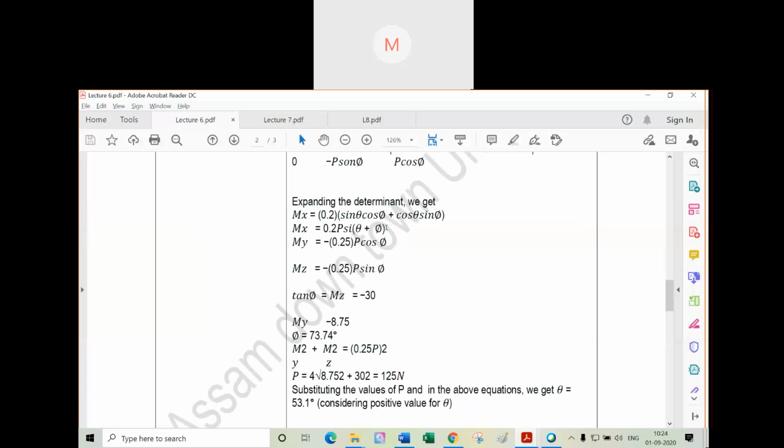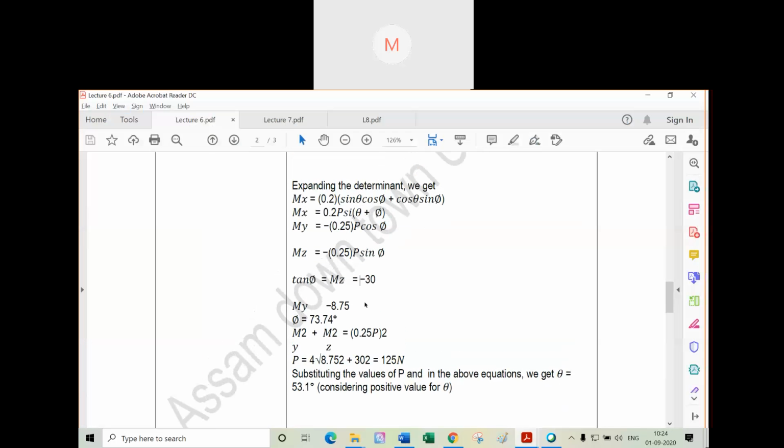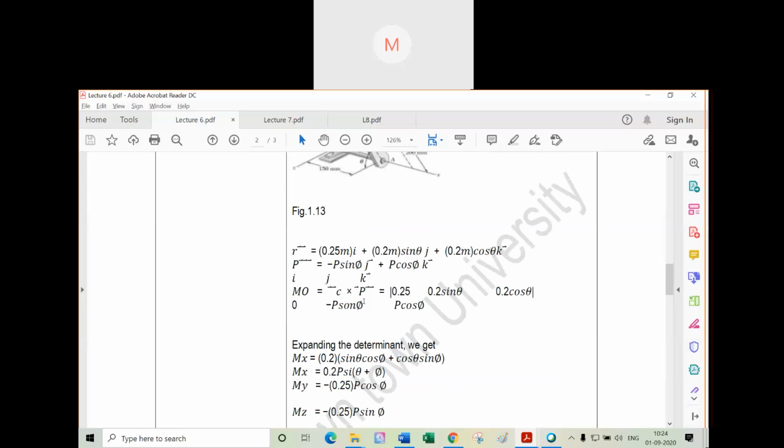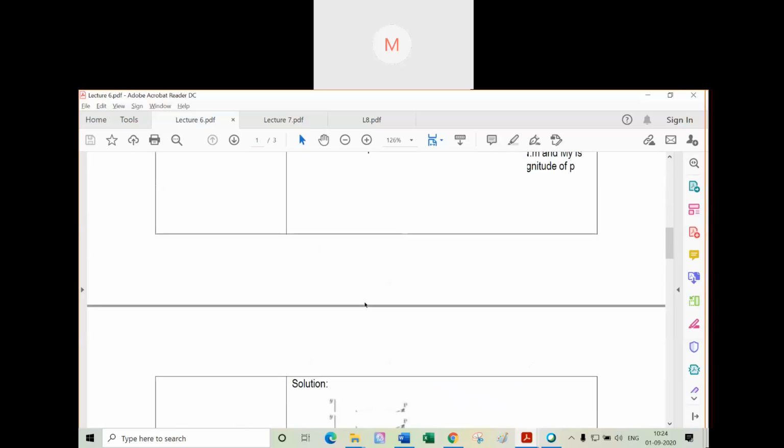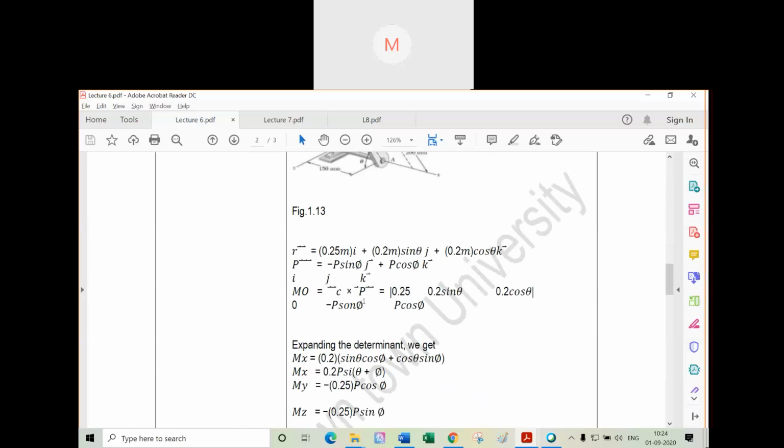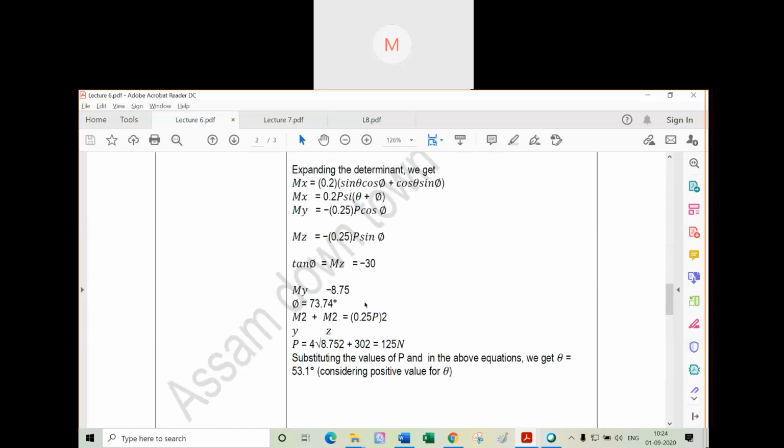In this way, you have to find out this, and then eventually find theta and the angles. Okay. So this is how you will be doing it. This is a bit complicated sum, so it is just an extra thing.